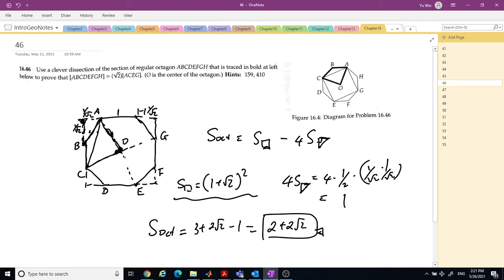So now we want to calculate the second part, right, of this. So you can see if we cut like this, each of these cases is just a quarter.